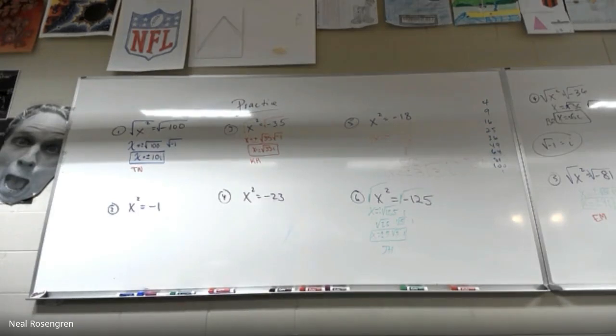Anybody, 2 or 4? I guess I'll give it a shot. I wasn't here yesterday, but I'll go 4. Anybody for number 2? Probably the easiest one up there, actually.